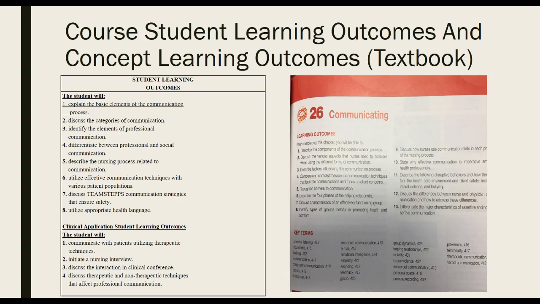And if you see that in your chapter outcomes, it says discuss the difference between nurse and physician, discuss the major characteristics of assertive and non-assertive, and describe the disruptive behaviors and how they affect the healthcare environment. So it's asking you to utilize effective techniques with various populations, including nurses. We have to remember that nurses are a group of people, not just patients.